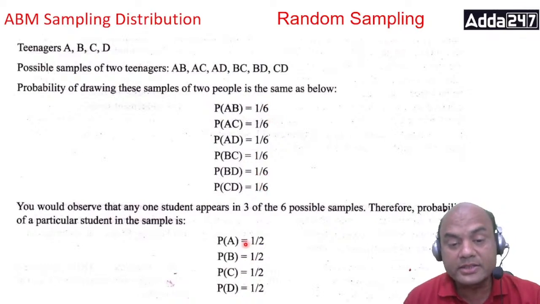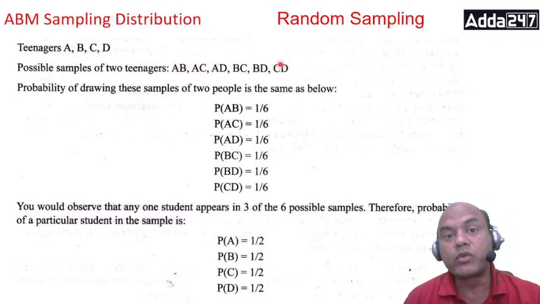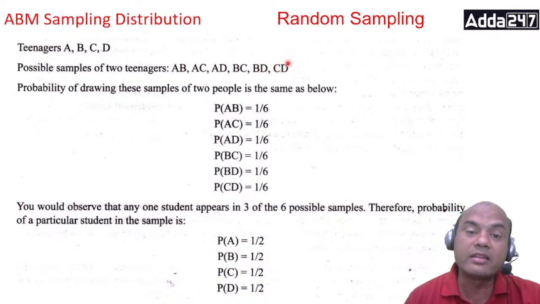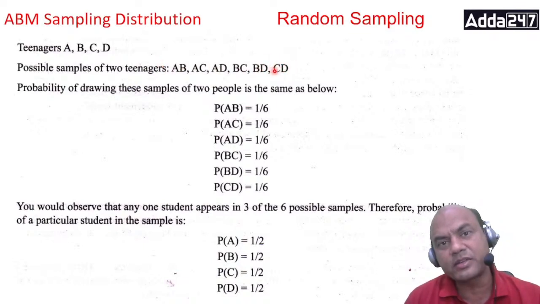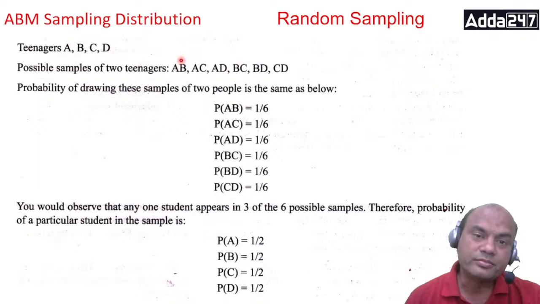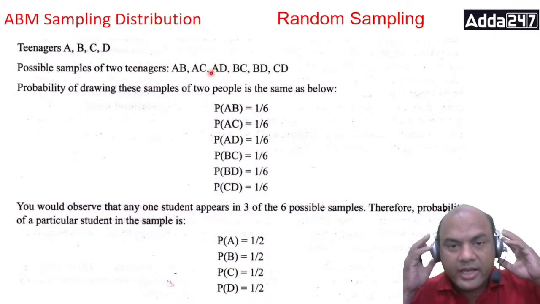Now look at this. This is separate. Suppose I make them stand in groups of 2. What is the probability that I'll select A in any group which I select? Single person. Now look at this. A can be selected in how many ways? AB, AC, AD. In all these A is there.